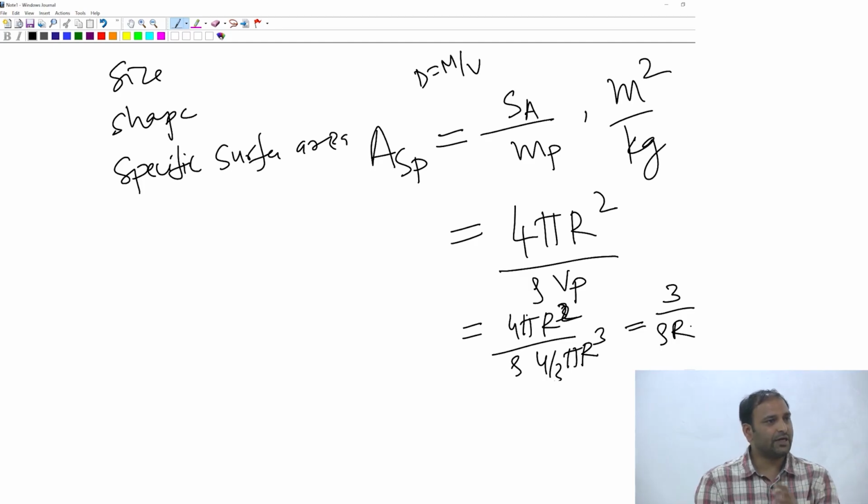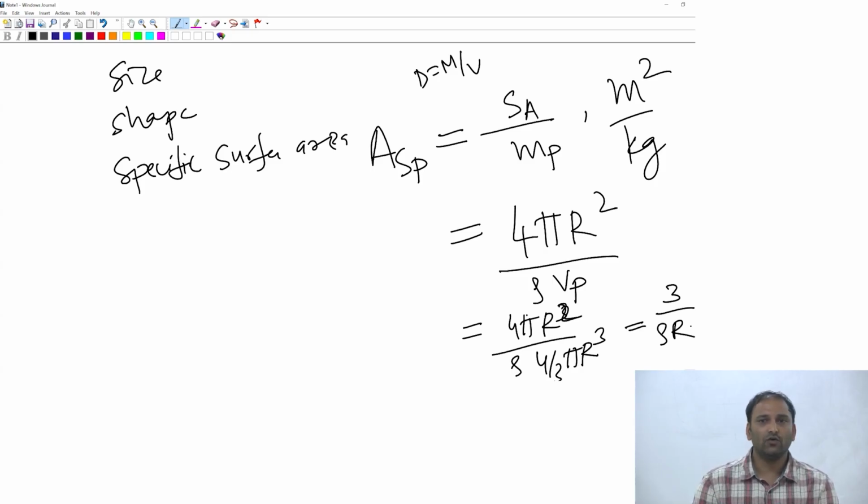So this specific surface area is an important quantity, because when people are working with, say, any surface reactions or anything that involves surfaces, what is of real interest is the total surface area that is available for any process. For example, if you look at surface reactions or adsorption and things like that, what is really important is, given a certain mass of material, what is the total surface area available.